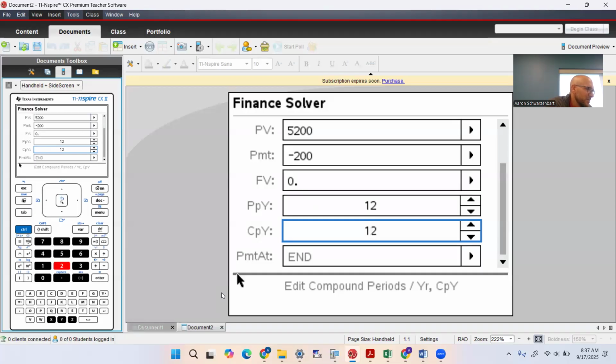Okay. Click in it, and then click the up arrow. Now click in the middle again, or hit enter. 27.4, so that is 28 months.